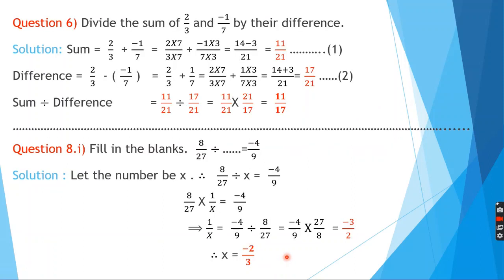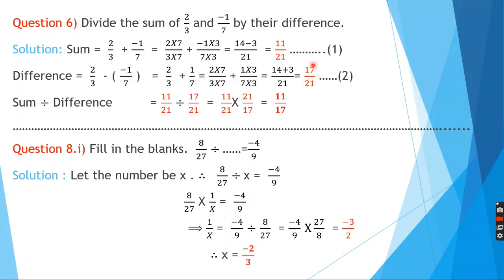Now question number 6. Divide the sum of 2 by 3 and minus 1 by 7 by their difference. First you find out the sum: 2 by 3 plus minus 1 by 7. We are getting 11 by 21. The difference of the two rational numbers: 2 by 3 minus of minus 1 by 7, that is 2 by 3 plus 1 by 7, minus into minus is plus.